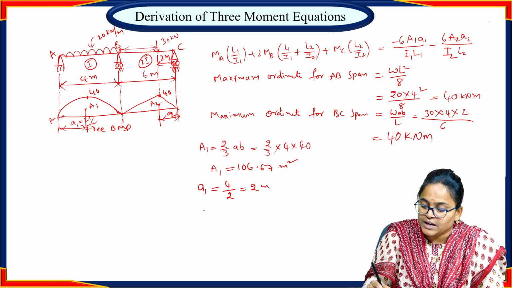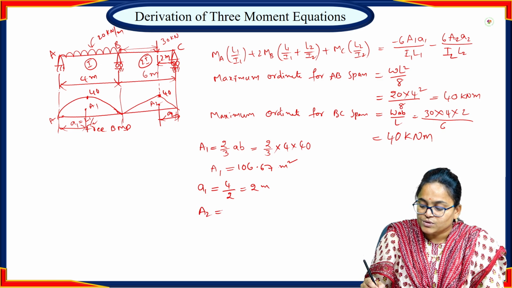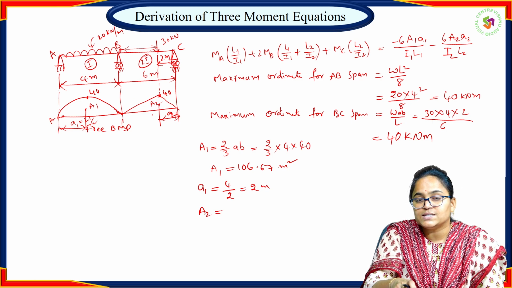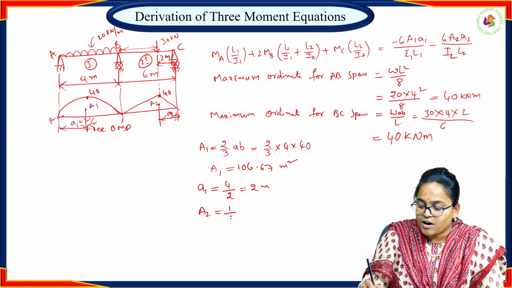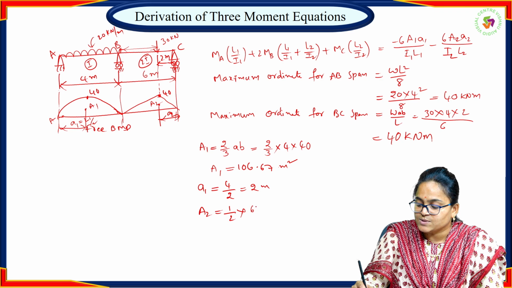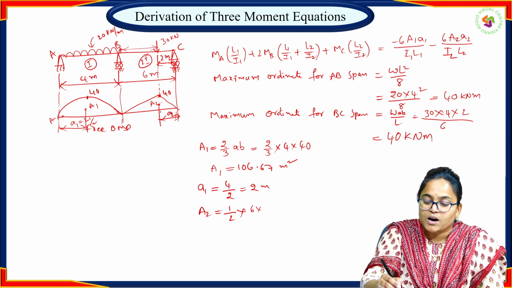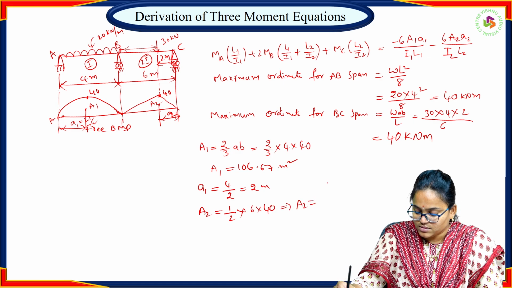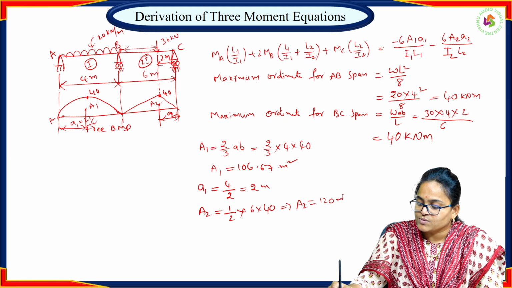Now we want area A2. For BC span, this is a triangle. So the area of this triangle is half into base, the span of BC, 6 meters, into maximum height of this triangle as 40. Now from this we can write A2 as 120 meters square.